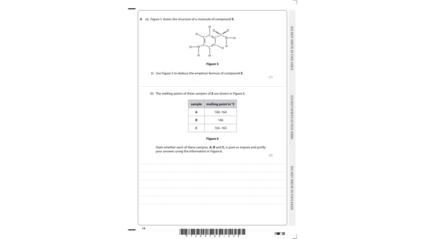Question number 6, figure 5 shows the structure of the molecule of compound S. Use the figure to deduce the empirical formula. Well, the empirical formula is the simplest ratio of atoms. So wherever possible, you count them down.